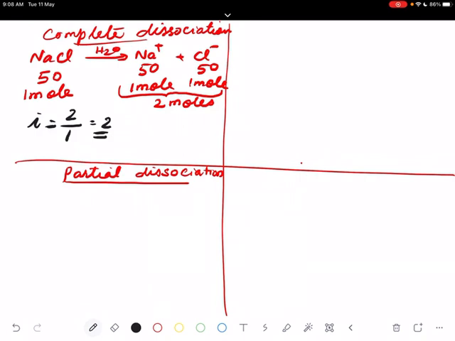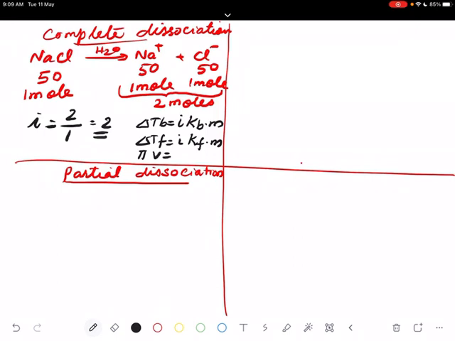With this 2 we were putting in that equation, that is delta Tb is equal to i Kb m, or delta Tf is equal to i Kf m.